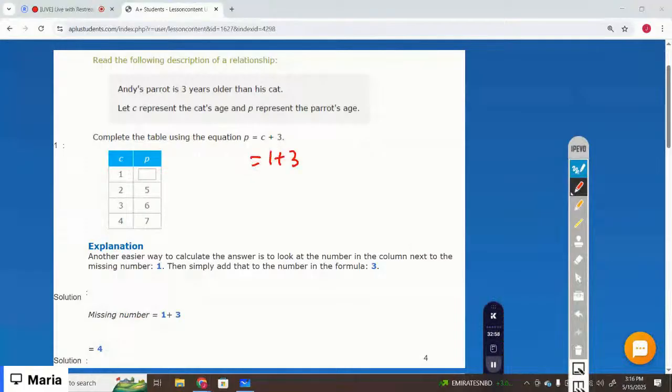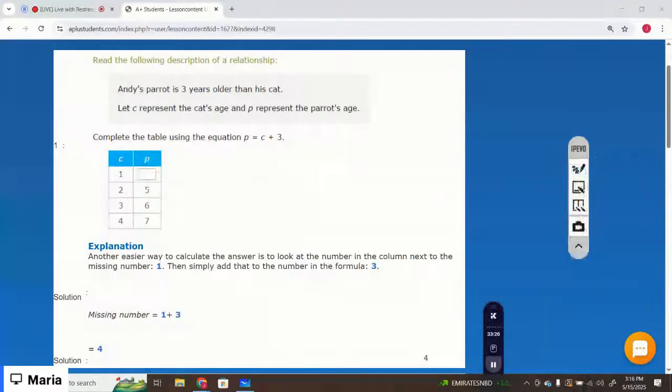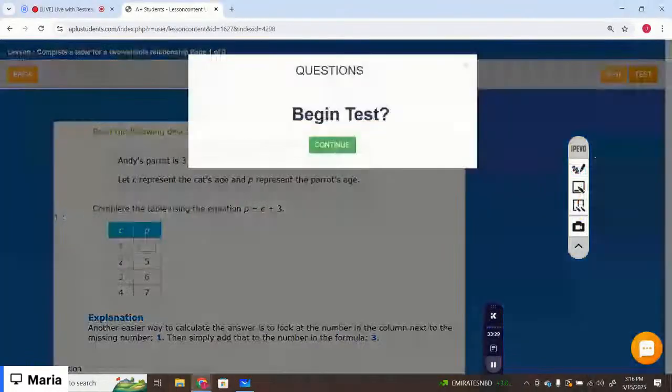So 1 plus 3 is 4. That is 4. Let's start with the test questions.